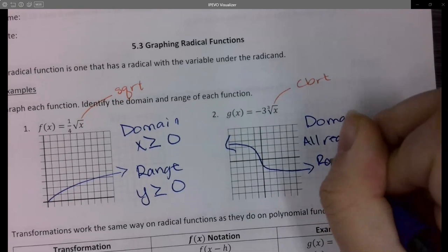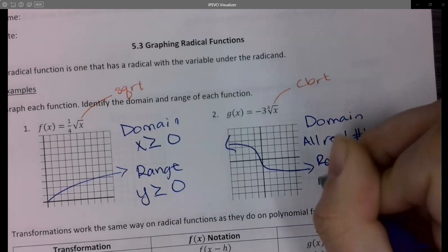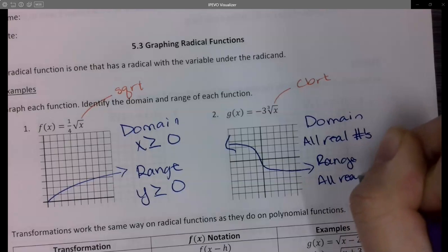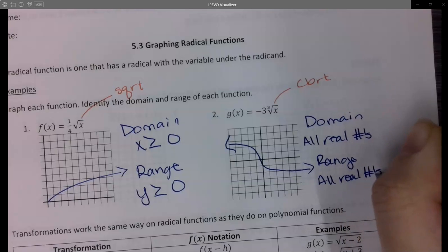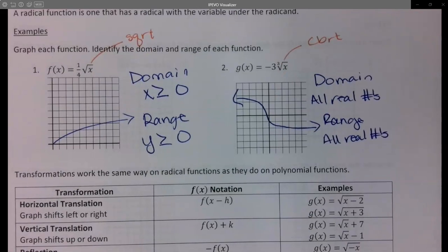So my range here is also going to be all real numbers. Cube roots, and in general any odd root, so like 5th or 7th, would also be all real numbers for domain and range.